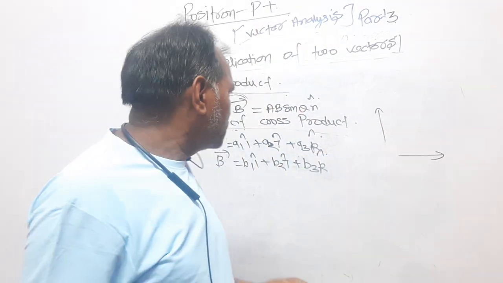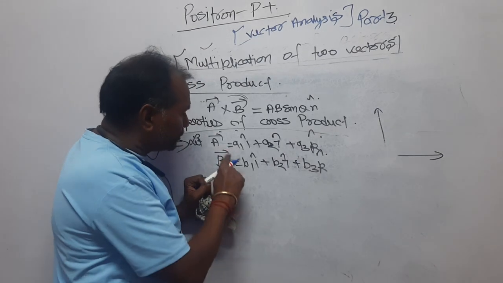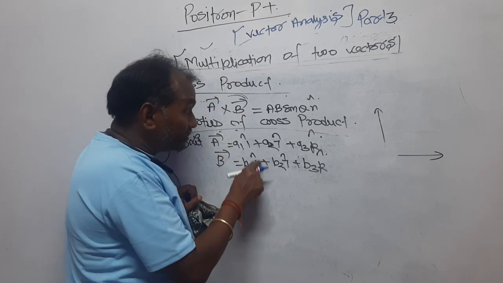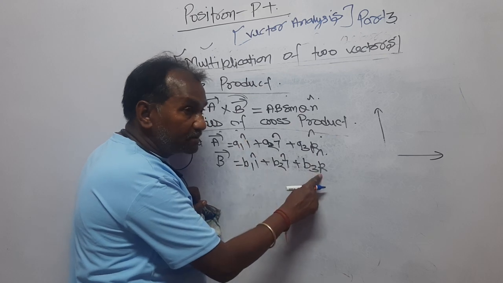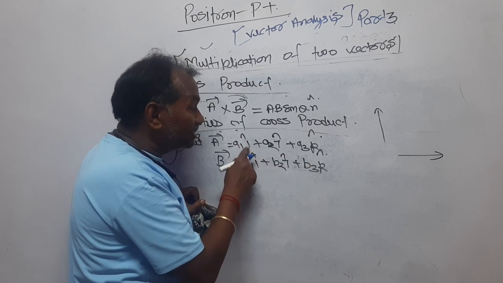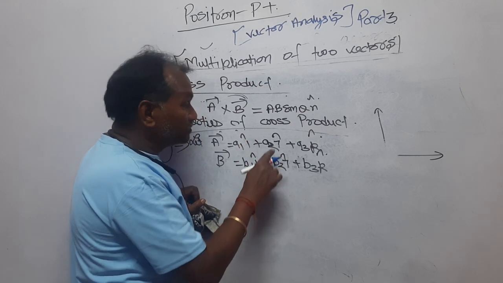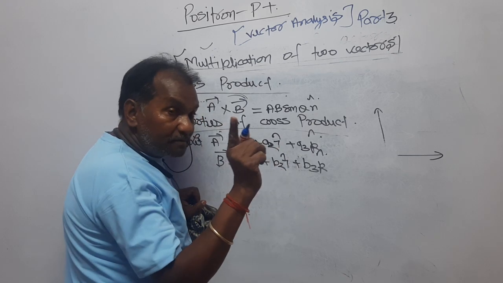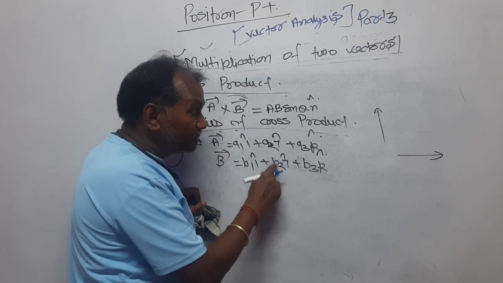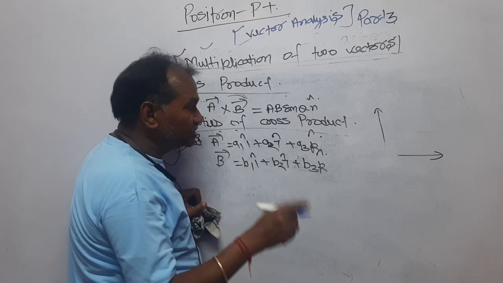Why is it so? Because if you consider A dot B, then i dot i is 1, but i dot j is 0, and i dot k is 0. That is why you consider only the coefficient of i cap. Similarly, j dot i is 0, j dot j is 1. That is why you consider a2 b2, and j dot k is also 0.